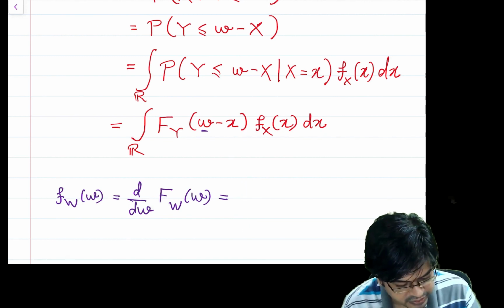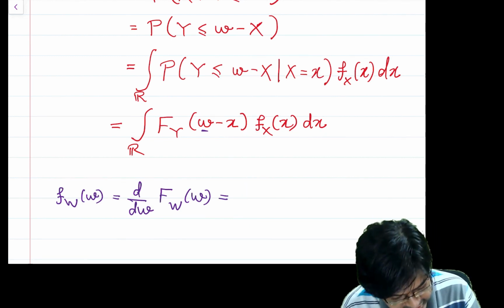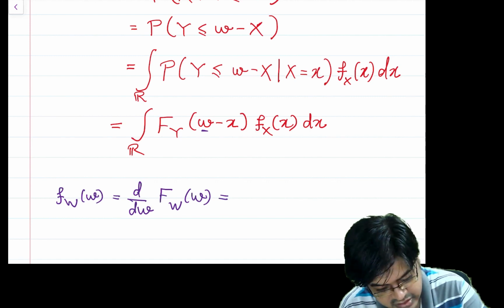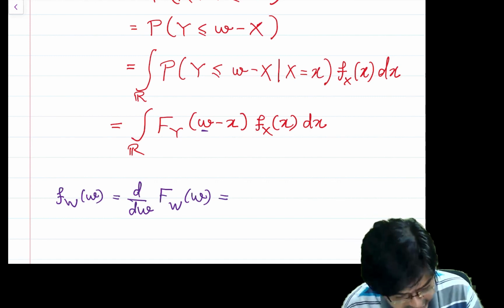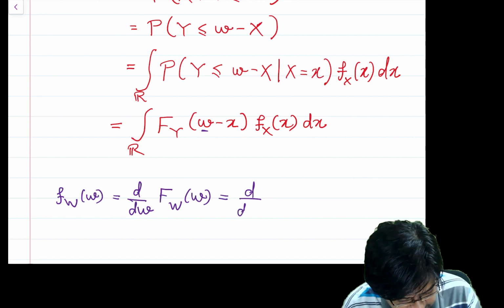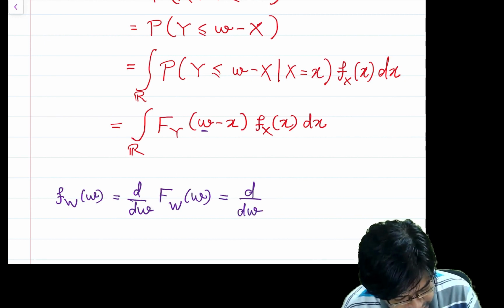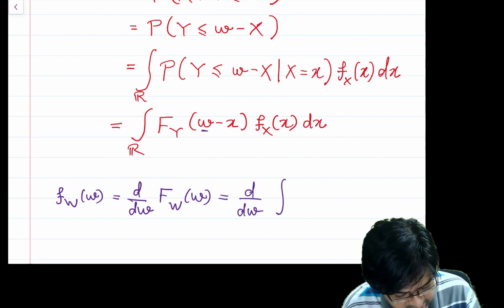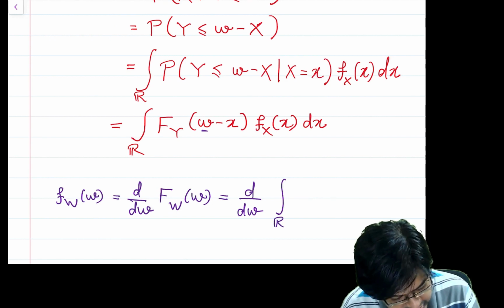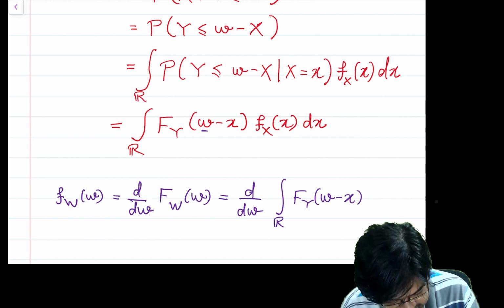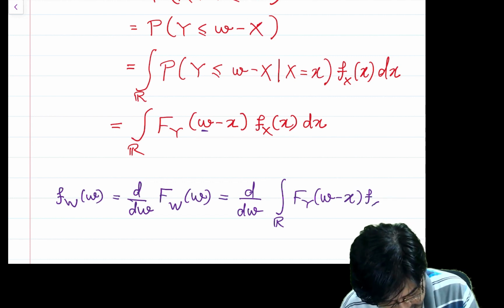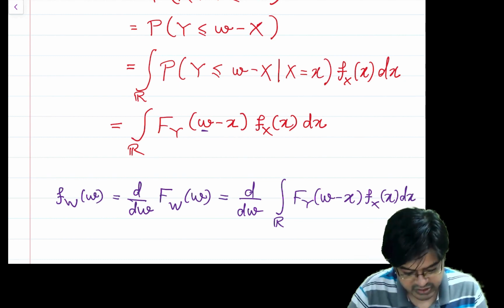And therefore if you look at this, and if you take d/dw of this integral over R of F_Y(w minus x) f_X(x) dx, then what is a function of w?